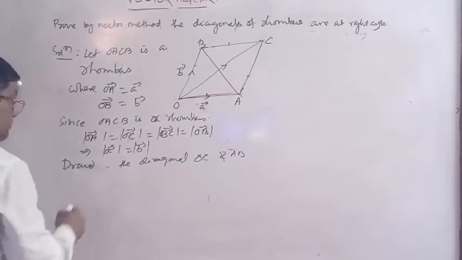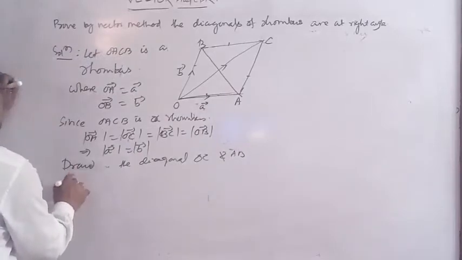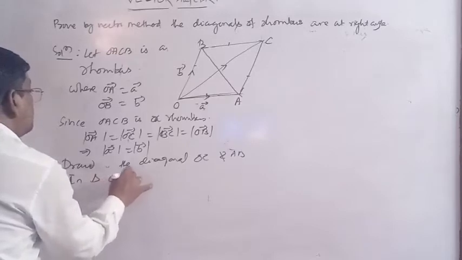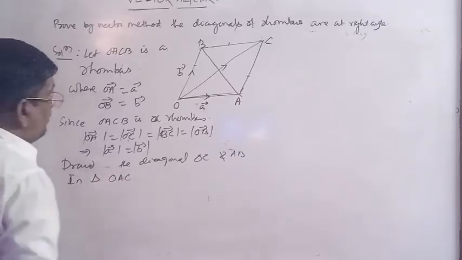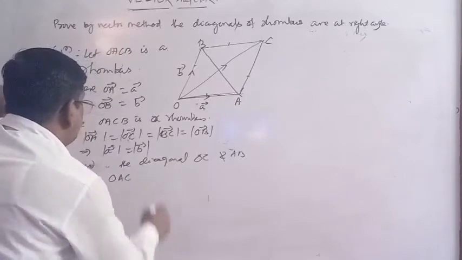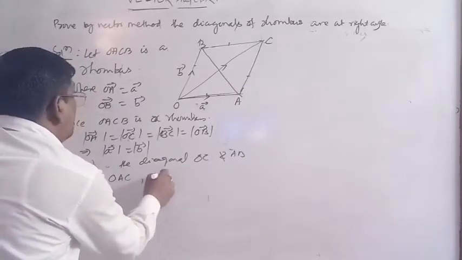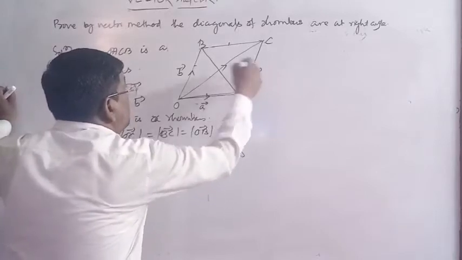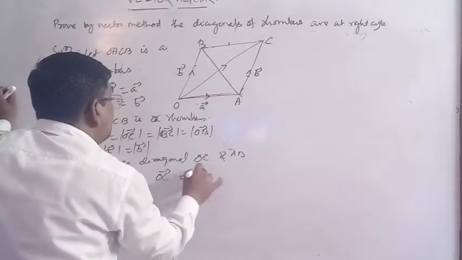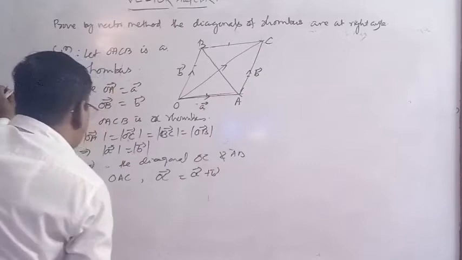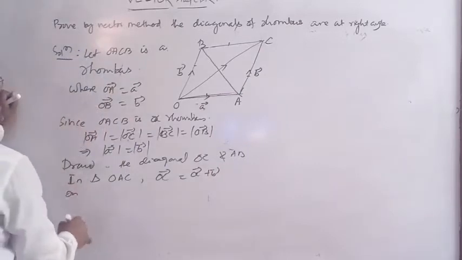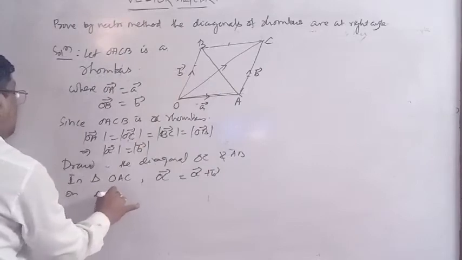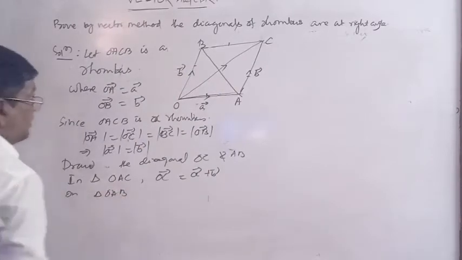From the figure, in triangle OAC, OC is equal to what? This is A vector and this is B vector. That is A plus B. In triangle OAB, what is AB vector?